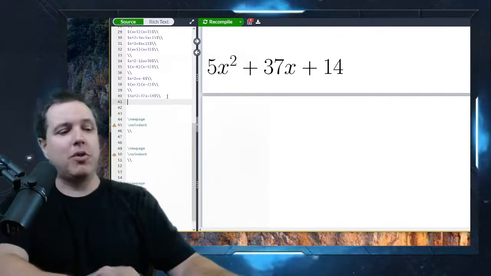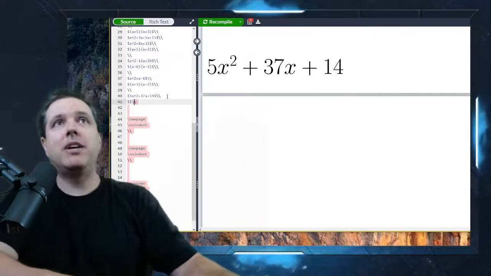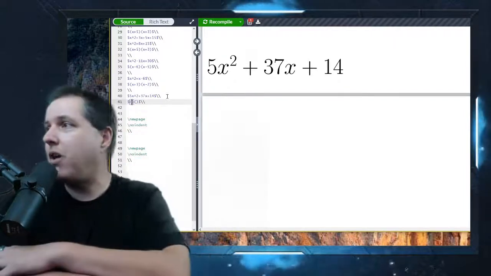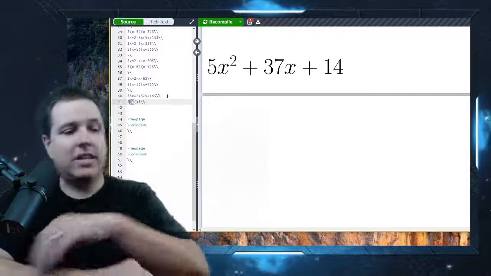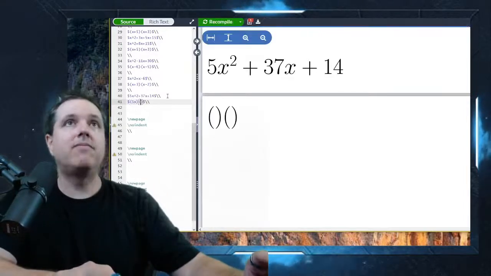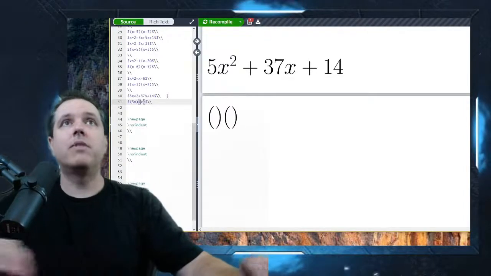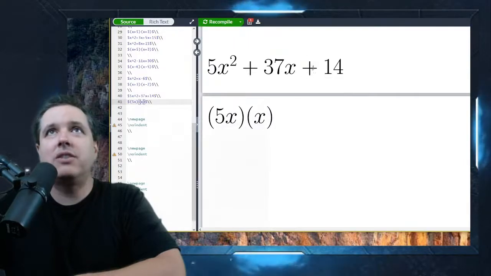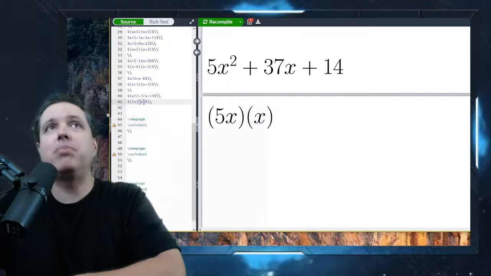However, it's not super hard yet either because we do know how 5x squared has to break down. Since 5 is a prime, 5x squared has to break down as 5x and x. And then we play our sign clue game. This tells us the signs are the same. This means they must both be plus.